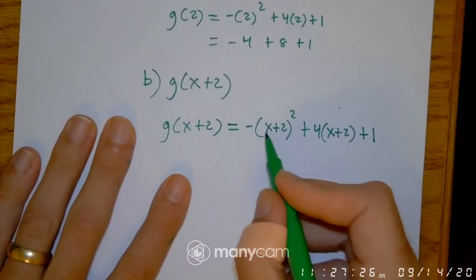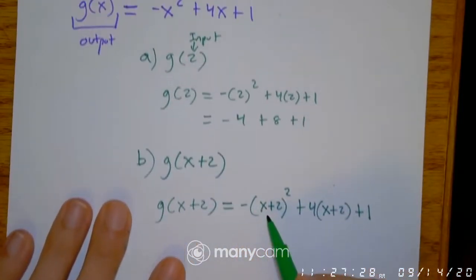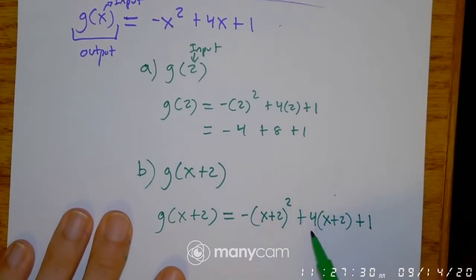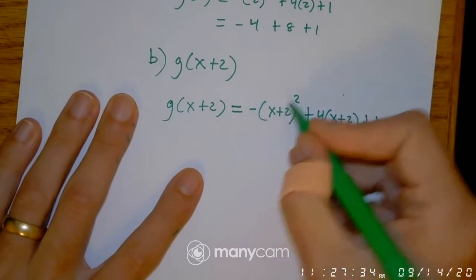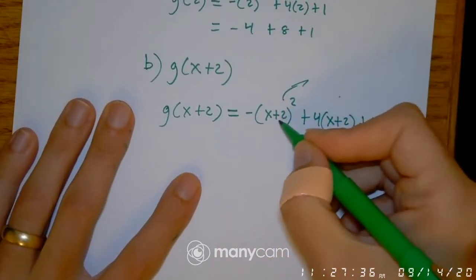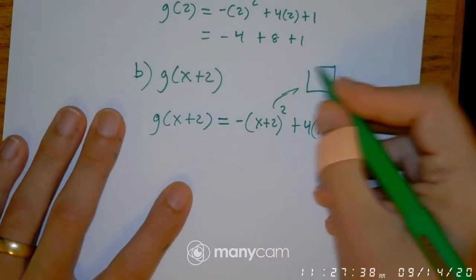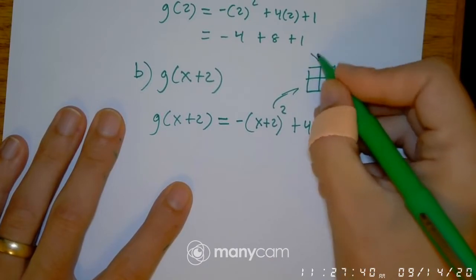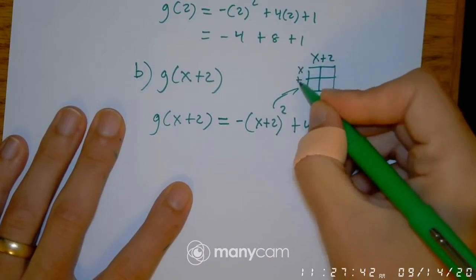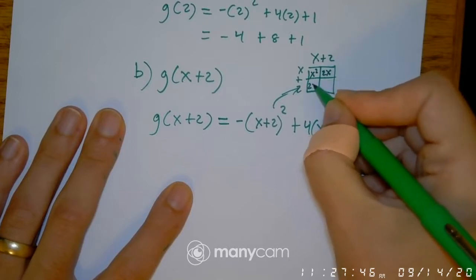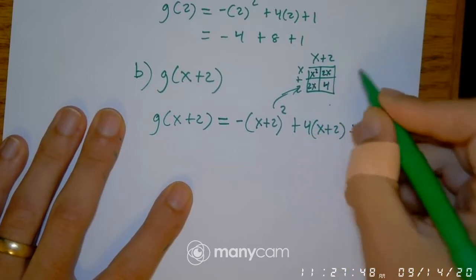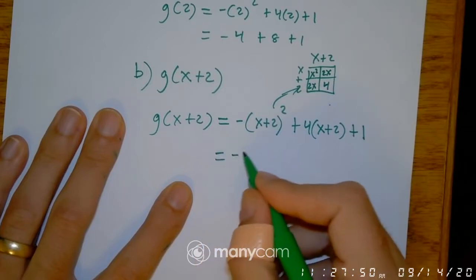Okay, so again, I just went through my original equation. Anywhere I had an x, I'm using parentheses, and I'm replacing there. If you guys are forgetting how to square a binomial, the easiest way is a box. So x squared, 2x, 2x, and 4. So then this would be negative, right?